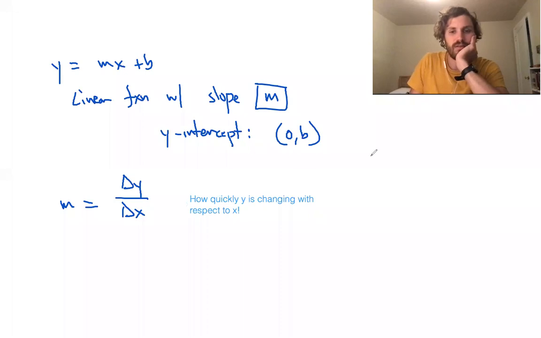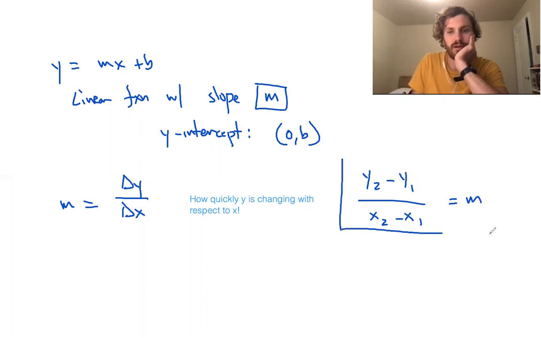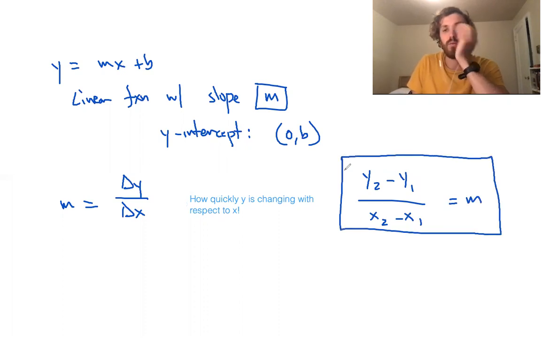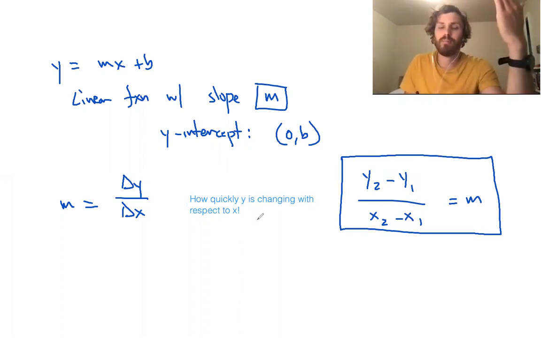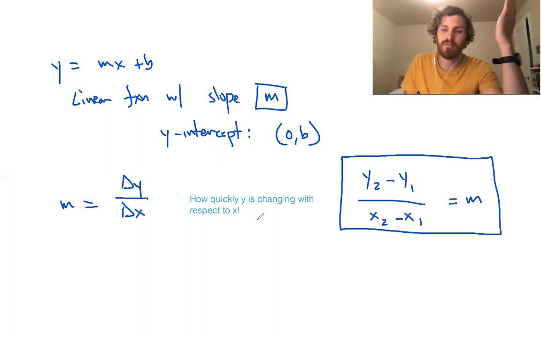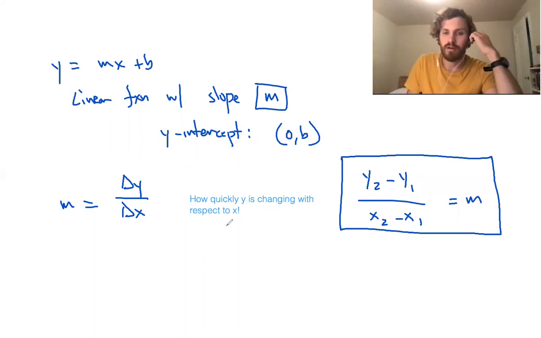And we sometimes say it could just be y sub 2 minus y sub 1 over x sub 2 minus x sub 1. So that is my slope formula, we call it, which you've probably seen before, which finds the change in y and divides it by the change in x, and that gives me how quickly y is changing with respect to x. So miles per hour, or degrees Fahrenheit per foot, or dollars per hour. So this is how you find your slope.